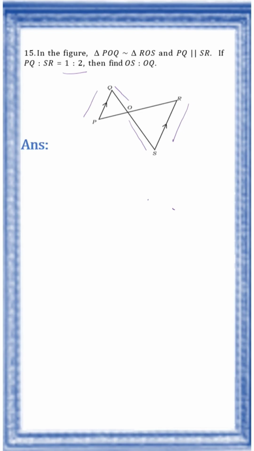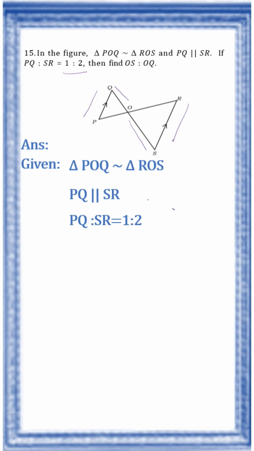What has been given here? Triangle POQ is similar to triangle ROS. PQ is parallel to SR. PQ is to SR is 1 is to 2. To find OS is to OQ. We know that the corresponding sides are in proportion.